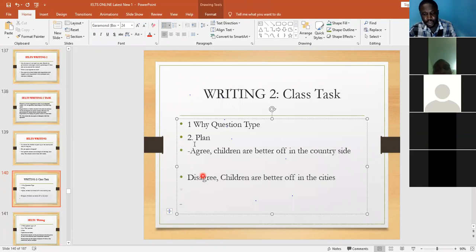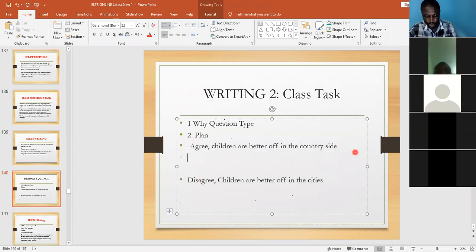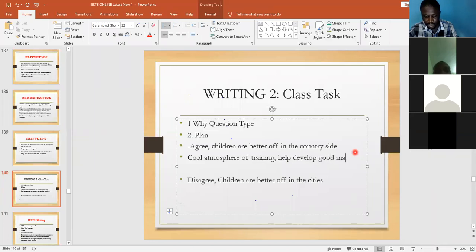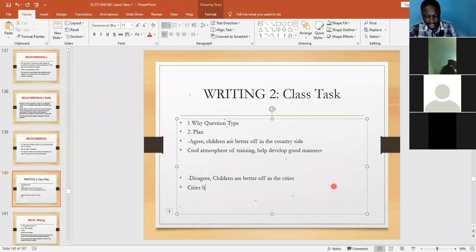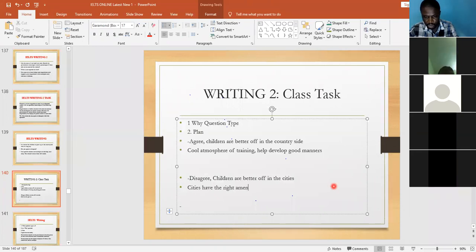Since you said a cool atmosphere of training helps develop good manners, for my own disagree points, I will say cities have the right amenities in terms of quantity and quality.